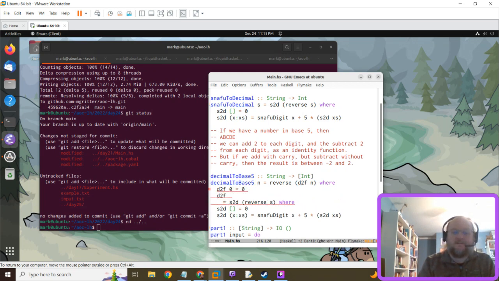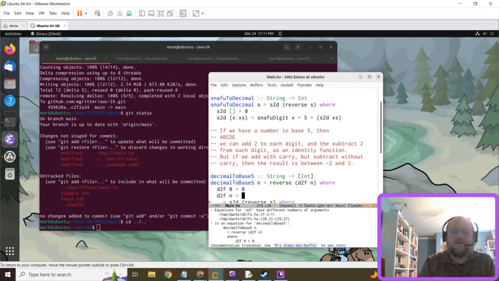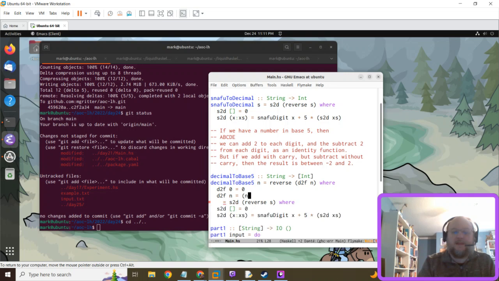Decimal to 5 of n equals n mod 5 is the units digit, and then we do decimal to 5 of n divided by 5.